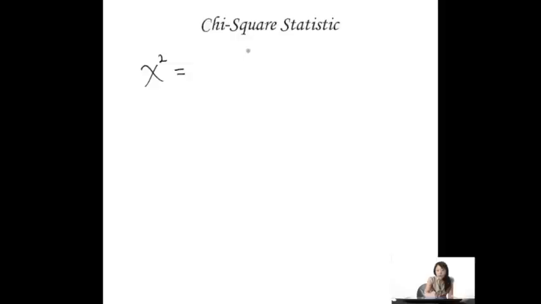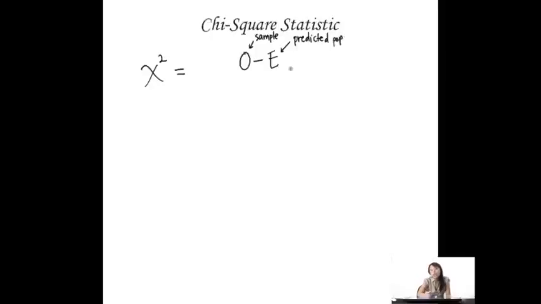So the chi-square is really going to be interested in the difference between what we observe, the actual observed frequencies or percentages, minus the expected frequencies, right? So when we're looking at observed versus expected, this is what we see in our sample, and this is what we would predict given our hypothesized population. So this is that predicted population part, right? So we're interested in the difference between those two frequencies.